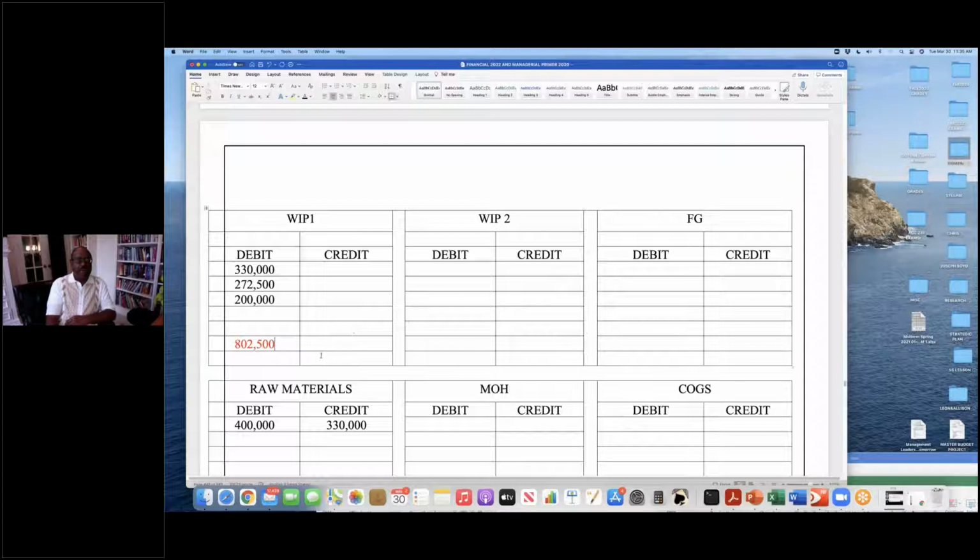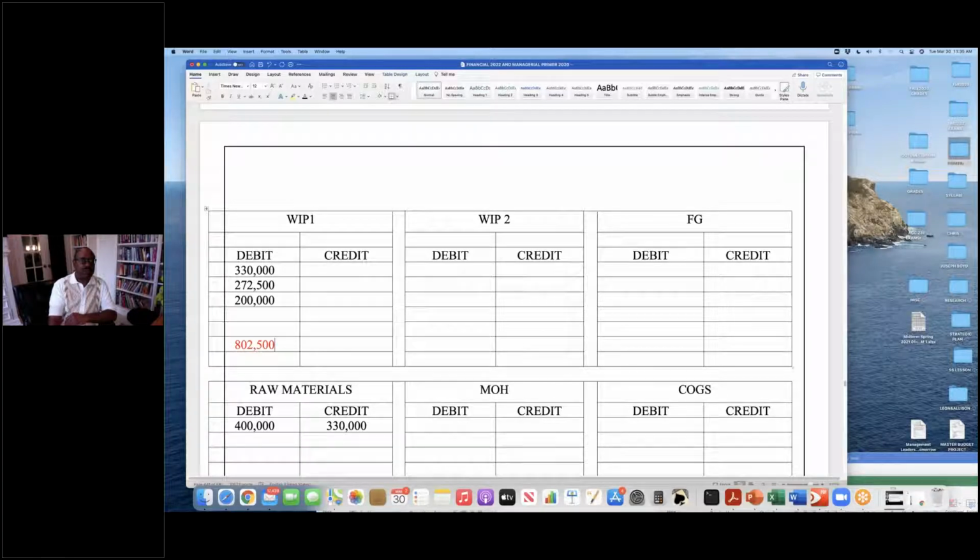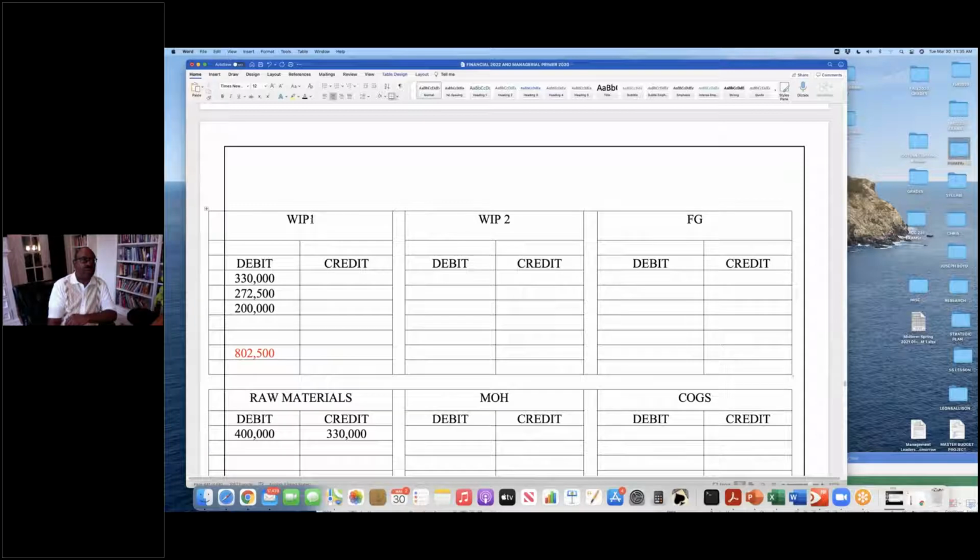So the question becomes, how much are we transferring out? 10,000 units. So we started, it's supposed to be 12,000 units, and you transfer out 10,000.